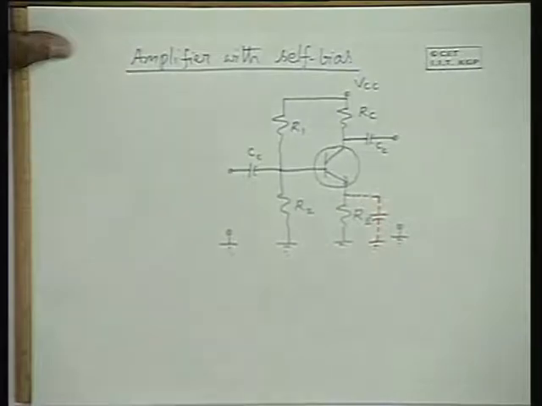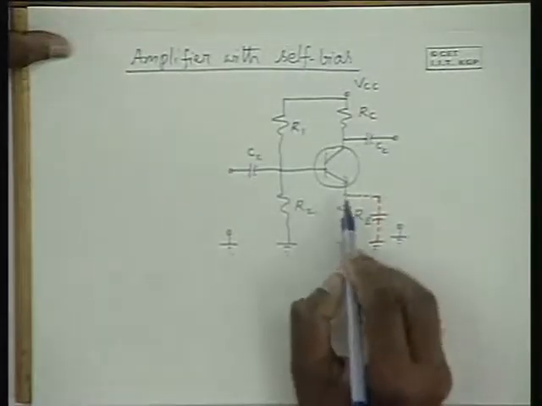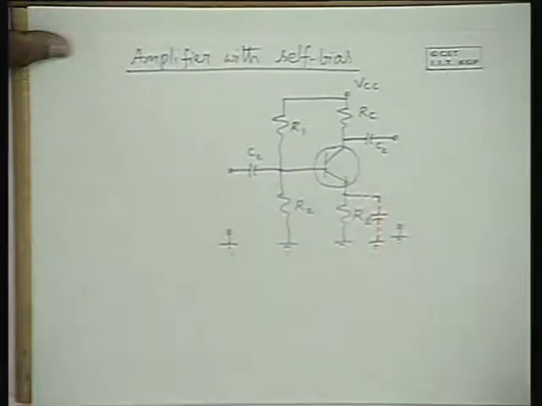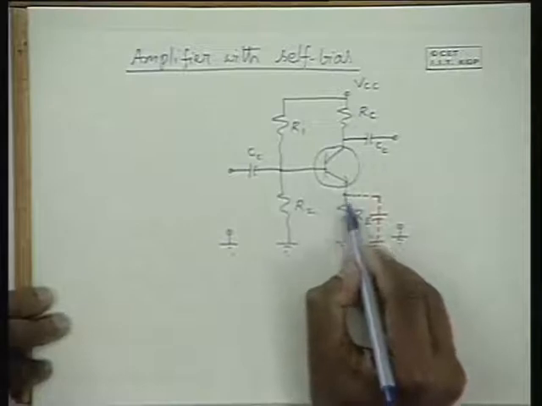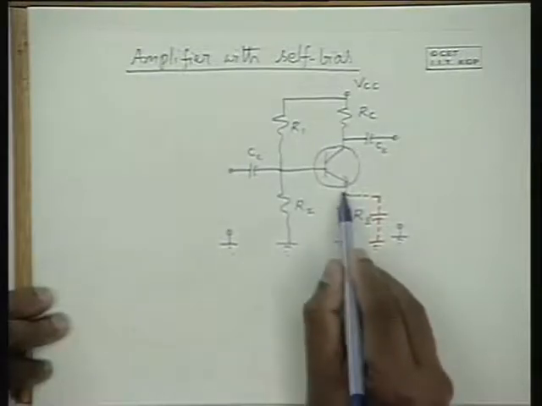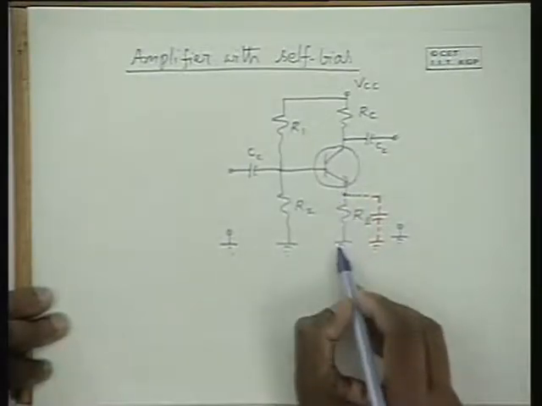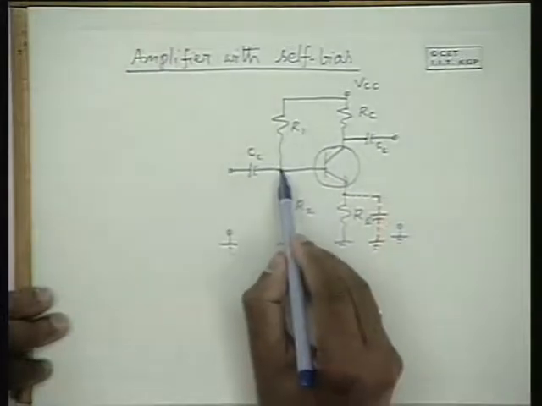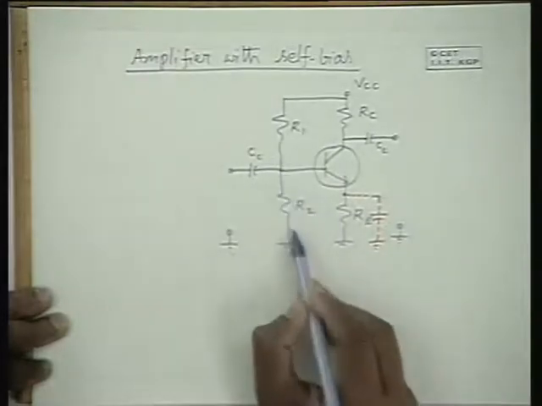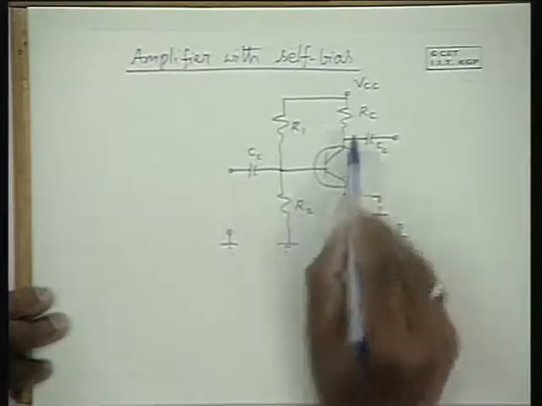Now let us get the equivalent circuit of the amplifier. Please note that the emitter is now not connected to ground. The emitter is connected through a resistance to ground, and between base and ground you have these two resistances R1 and R2 coming into picture.